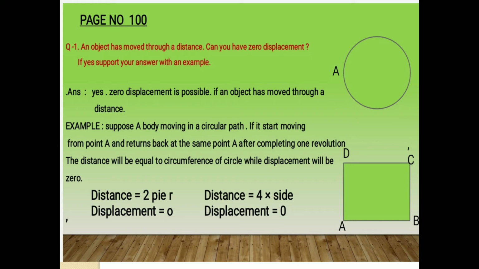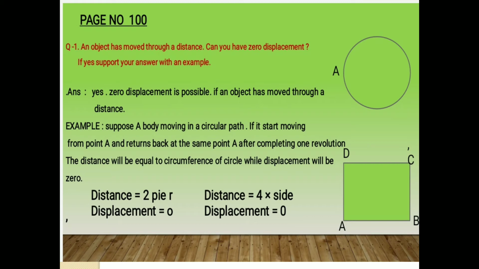If an object moves through a circular path and completes one full circle, when the initial and final positions of the object are the same, displacement will become zero, but distance can never be zero. Keep that in your mind.